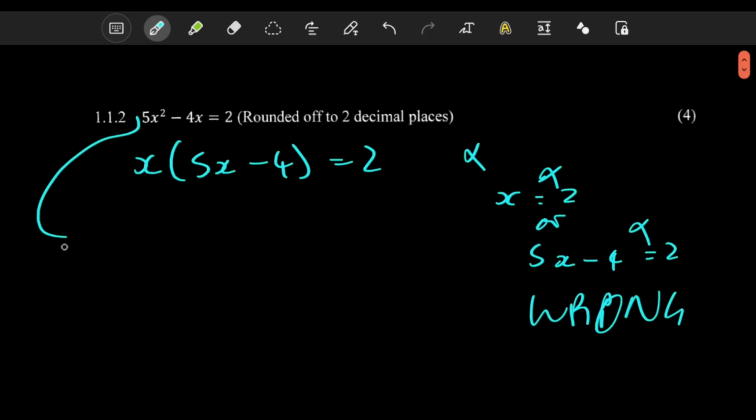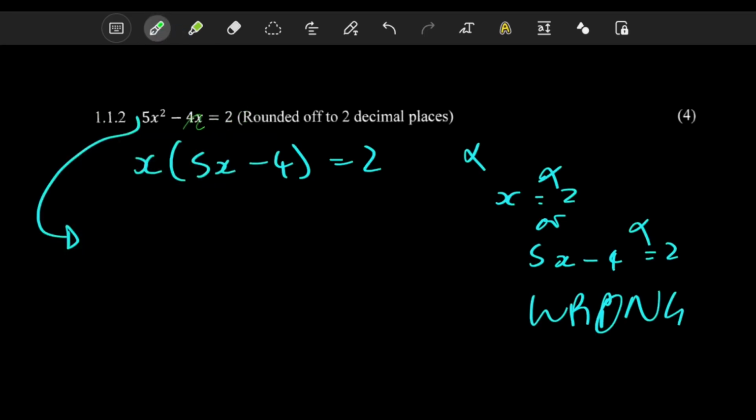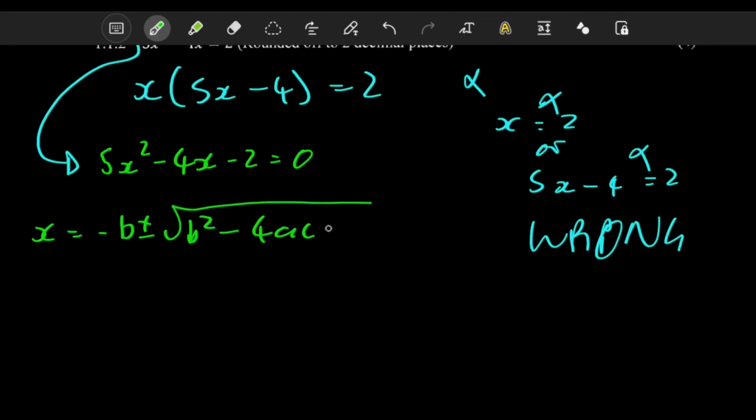So for this expression, we already know that solving for x, you can use the quadratic formula, meaning you can take everything to the left hand side and then just throw it into your quadratic formula. So here x is equal to minus b. Let me just write down the quadratic formula: minus b plus or minus the square root of b squared minus 4ac, over 2a.